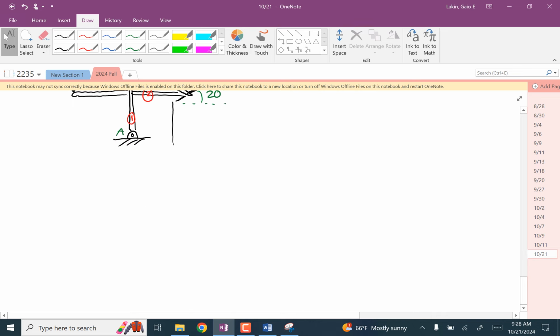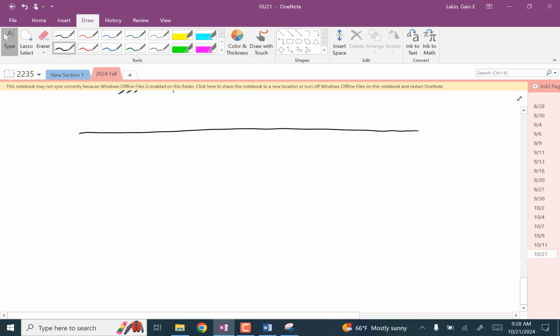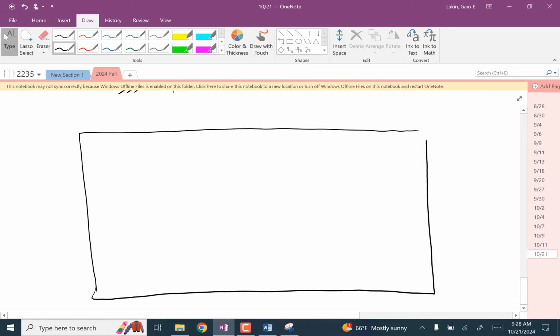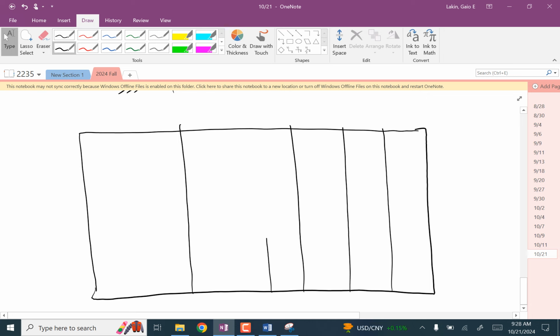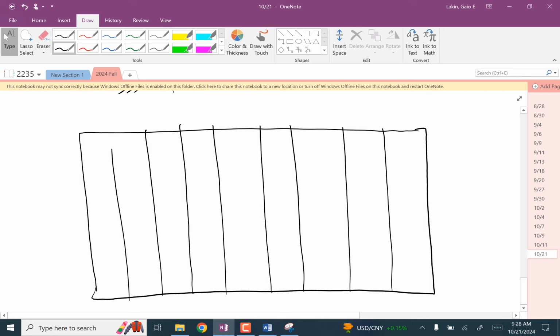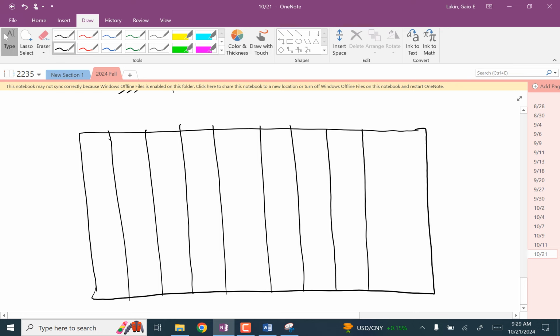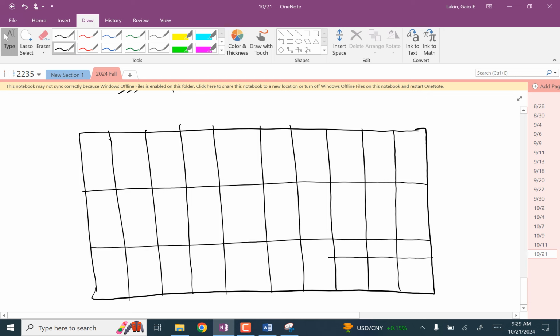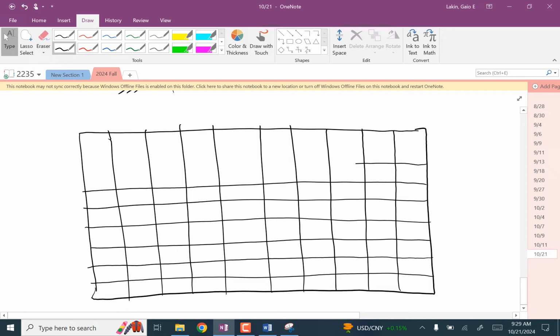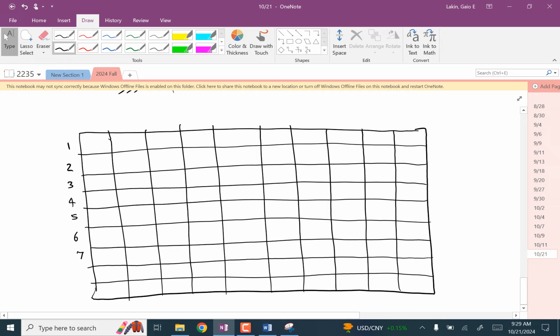So now we have a set of 9 equations for 9 variables: 1, 2, 3, 4, 5, 6, 7, 8, 9. So these are equations 1 through 9.